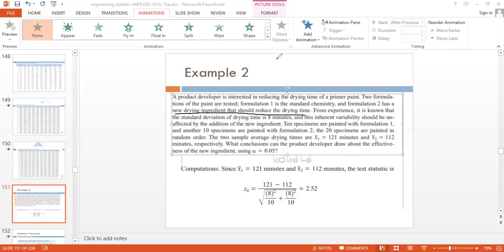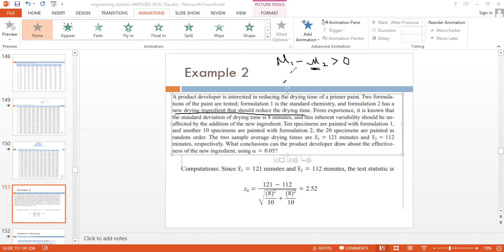So in our hypothesis, our focus is that the mean drying time for Formulation 1 minus the mean drying time for Formulation 2 will be greater than 0, because we expect the average for the second to be far less than that of the first technique.